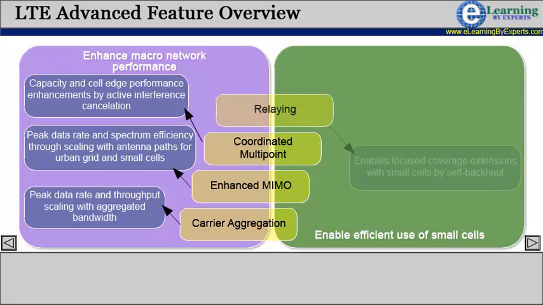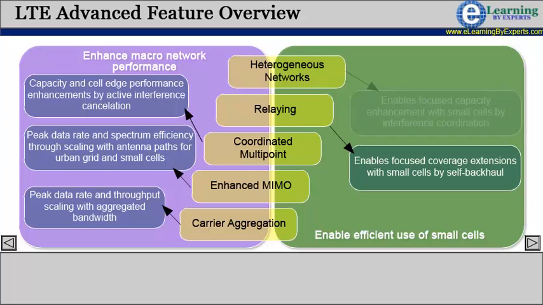Relaying enables focused coverage extensions with small cells by self-backhaul. Heterogeneous networks enables focused capacity enhancement with small cells by interference coordination. Let us now study all of these LTE Advanced enhancements in more detail.